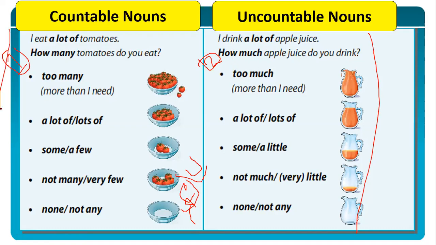So this part, I'm using countable nouns, tomatoes. And in this one, I'm actually talking about uncountable using apple juice. So something that I drink like water, milk, soda. Okay. Questions that you have with this?